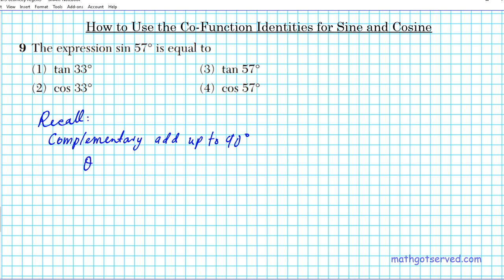So if you have one angle theta 1 and that angle is equal to 90 minus another angle, so theta 1 is equal to 90 minus theta 2, this automatically tells you that they are both complementary. Okay, if theta 1 equals 90 minus theta 2, then theta 1 and theta 2 are complementary.